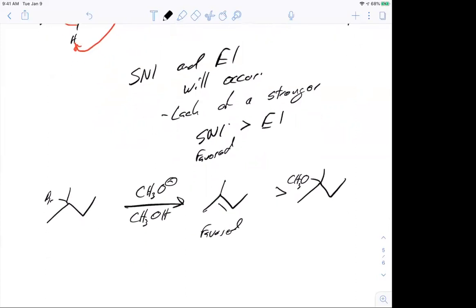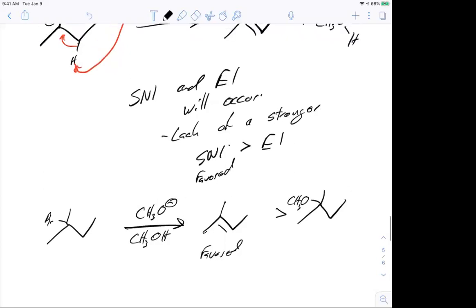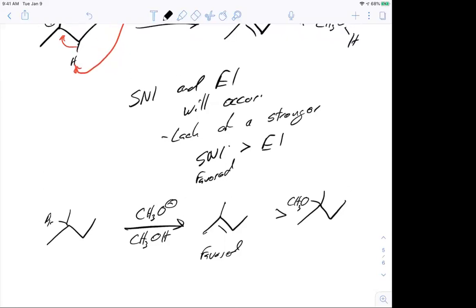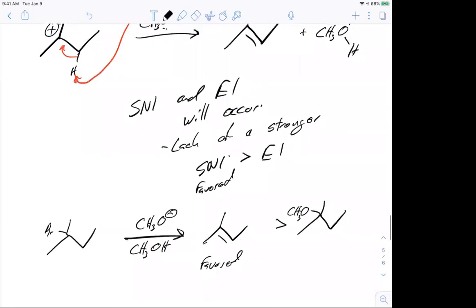So the takeaway from here is, because of the carbocation, SN1 and E1 are almost always in competition. There's a few biological examples where the enzyme will only allow either SN1 or E1 to occur. But in open solution, just an open reaction, it's very difficult to only get SN1 without some E1, and it's hard to get mostly E1 without some SN1.